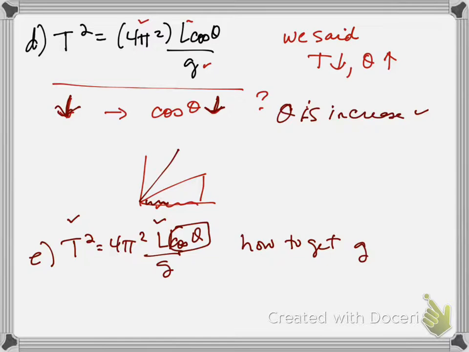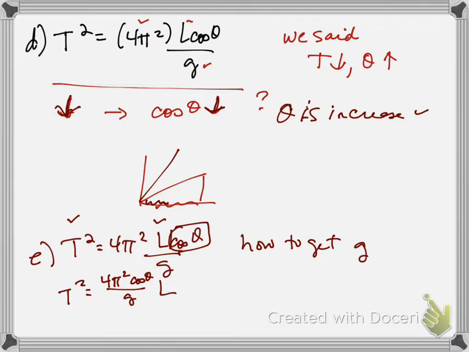So what you could do, since you have T squared equals 4 pi squared cosine theta over g times L, you want to put T on one axis and L on the other. Or I shouldn't say it that way.